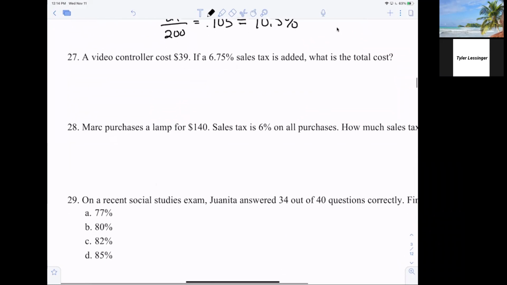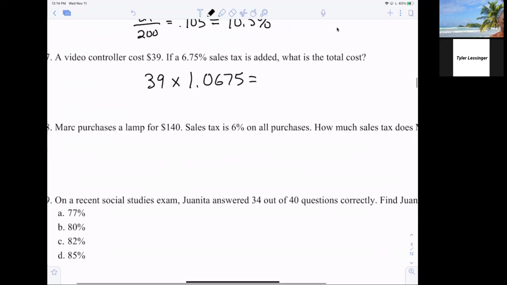Okay, so I need the total cost for 27. What do I do? Tell me. 39. Thank you. Good job. Tell me what that is. So if we round that to the nearest penny, yes, $41.63.